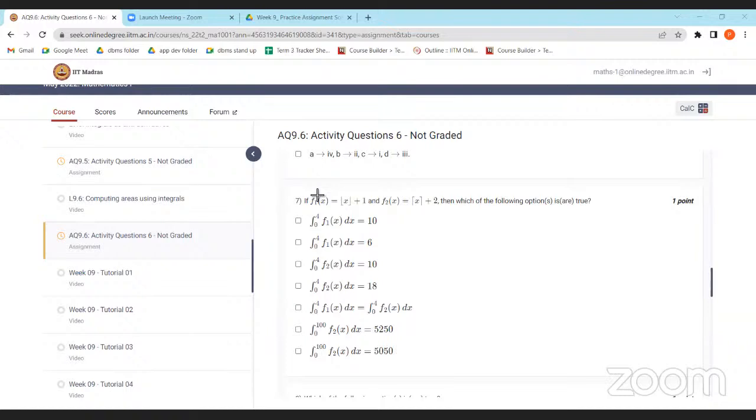Yes, anyone? You don't know how to do the integration of floor function or ceiling function. Don't know. Okay, so a hint is given to you in this question.